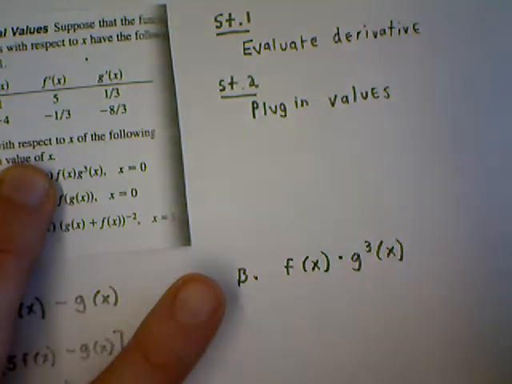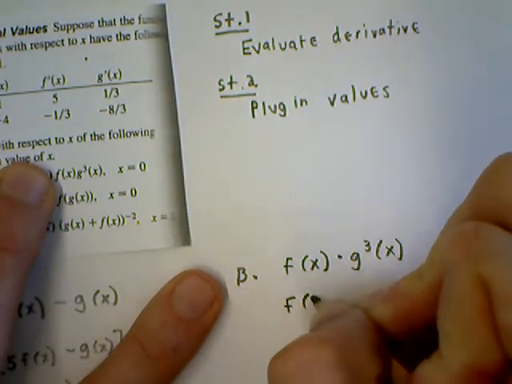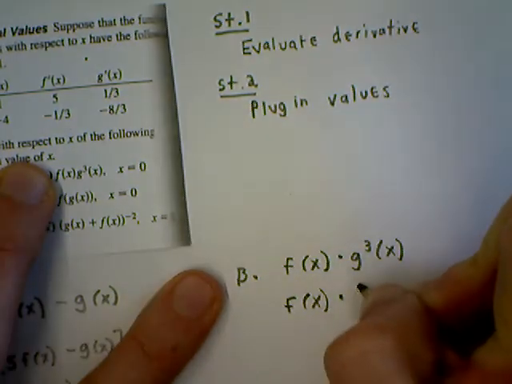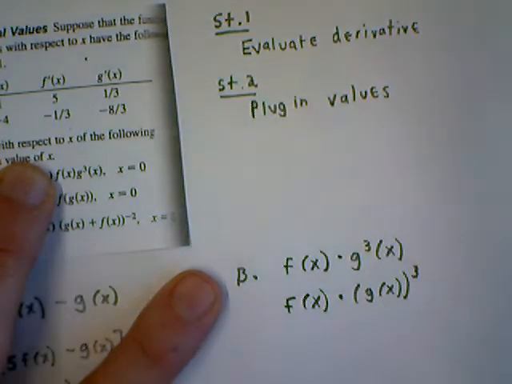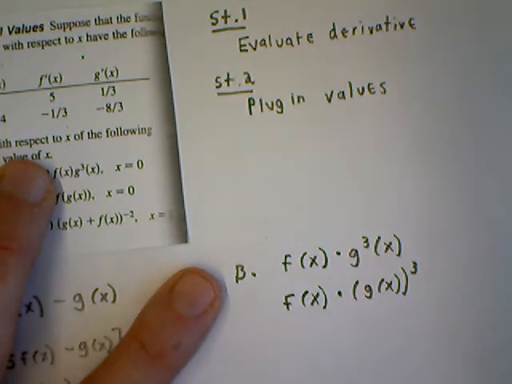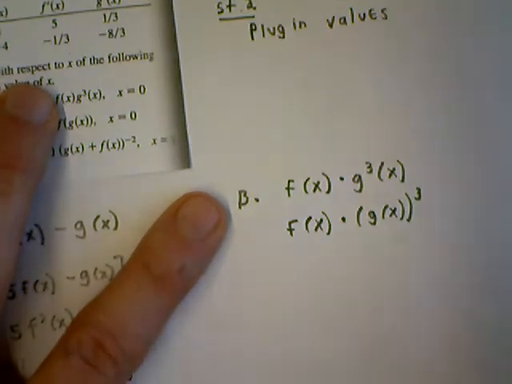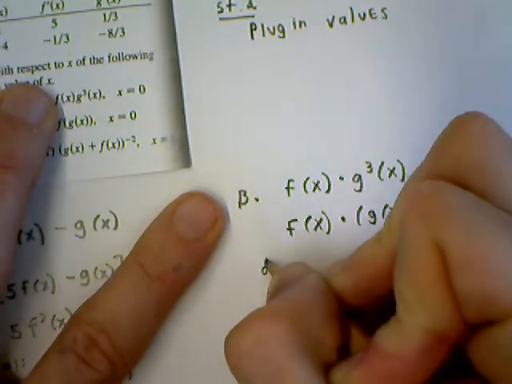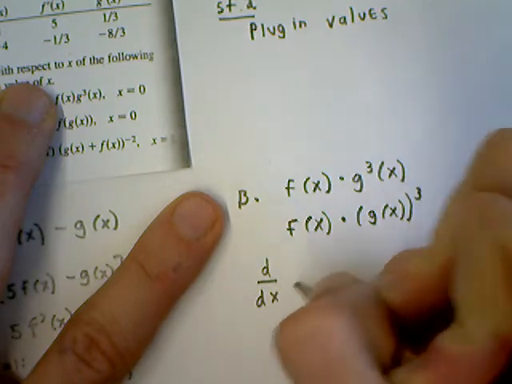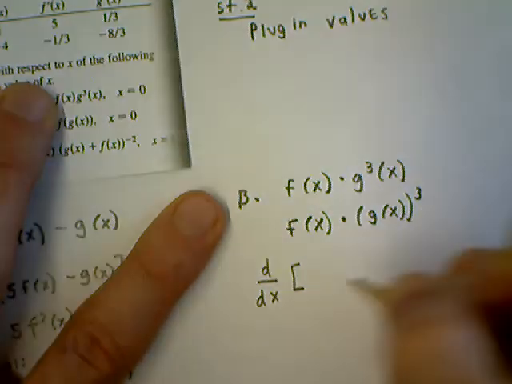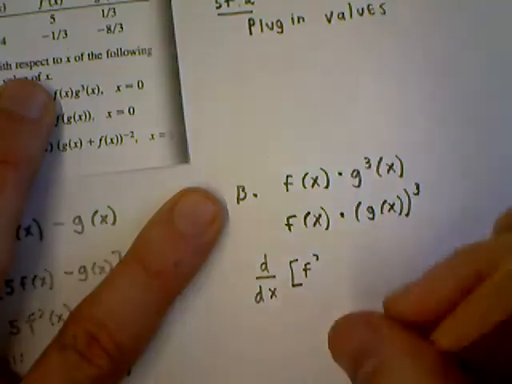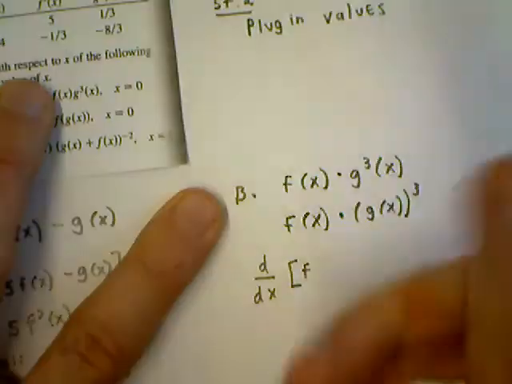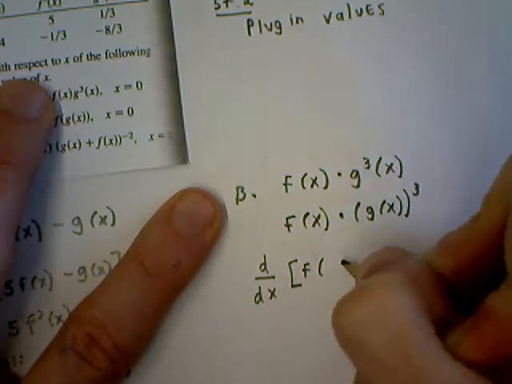G cubed of x is the same as g of x cubed. All right, so now when I take the derivative with respect to x, I have to apply the product rule because I have a product.